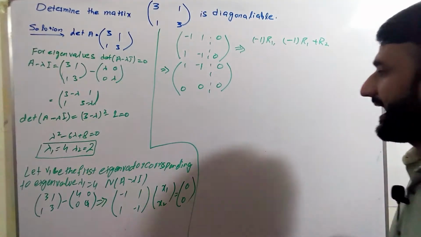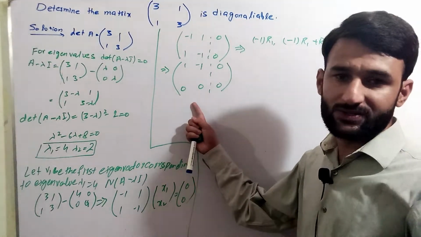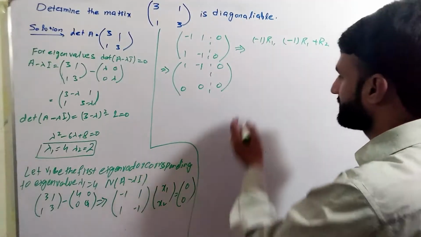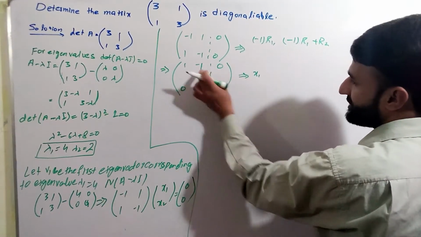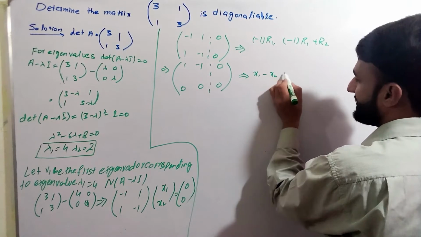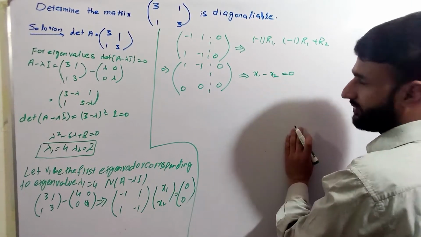The reason is that if you have the same values, the row becomes 0. So we obtain x1 minus x2 equal to 0.